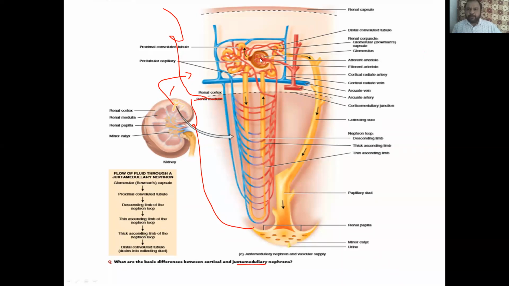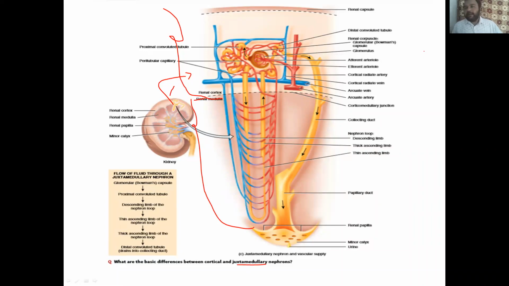Initially most things get filtered out, only the blood cells do not come out. But our body cannot afford to lose every content of the blood plasma. So initially everything is filtered out, but then in different parts of the nephron, these things are reabsorbed.